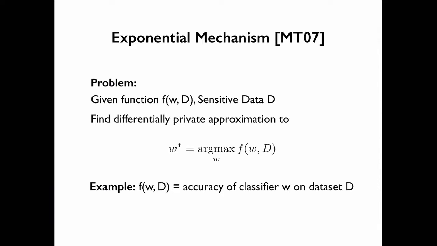An example of this is maybe w is some sort of classifier and d is some sort of validation data set, and f of w and d could be the accuracy of classifier w on this validation set d. What the exponential mechanism would do is find the differentially private approximation to this maximizer. A couple of things to note over here.